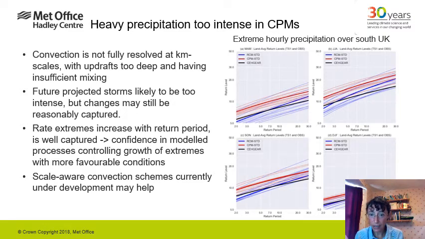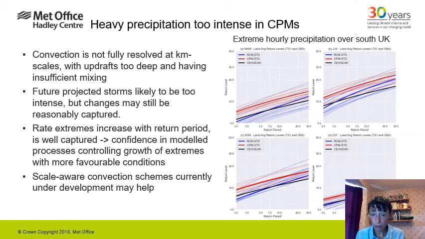You can see that the lines here are too steep. So what this is telling us is the rate at which extremes increase as conditions become more favourable, so as they become rarer, is well captured. And we hope that will extend into the future, which will give us confidence in the future change projection.